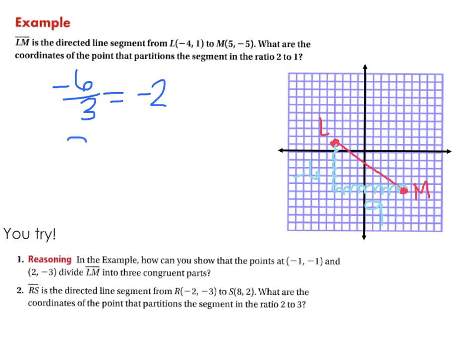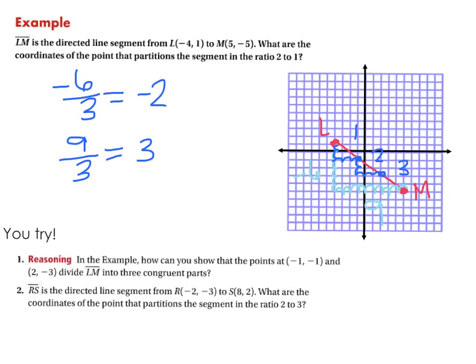And I'm going to take the 9 and divide that by 3, since I want 3 parts, and I get 3. So now I know that if I go down 2 and right 3, that gives me 1 part. Down 2 and right 3, that gives me another part. So now I have 1, 2, 3 parts.